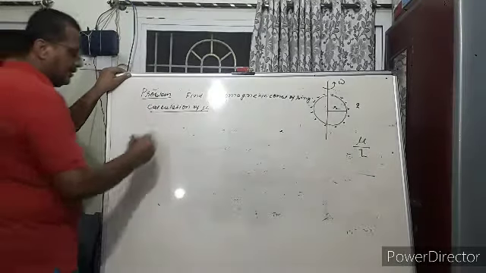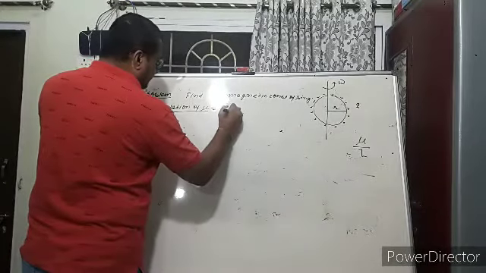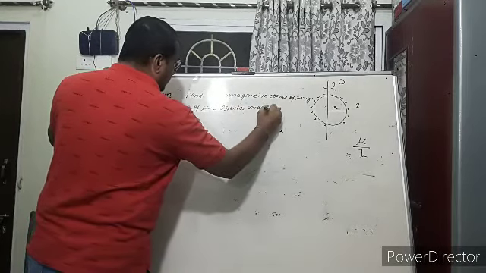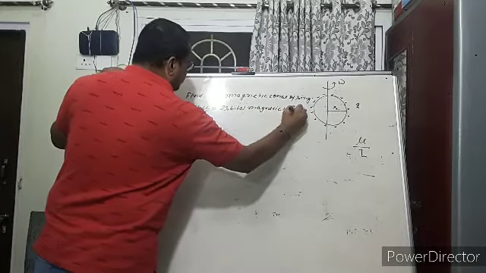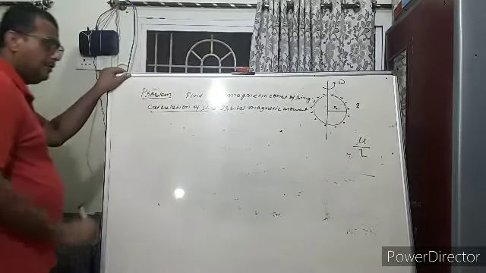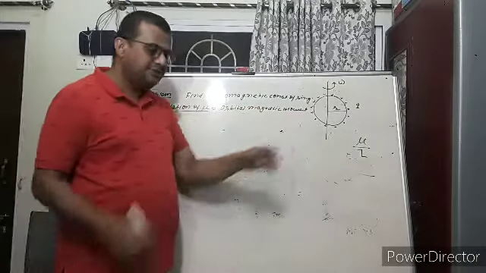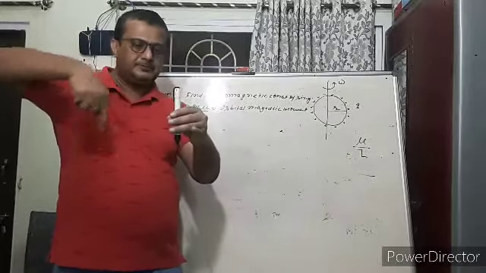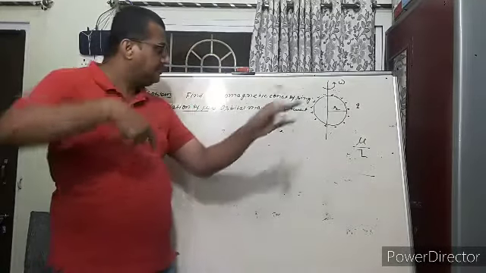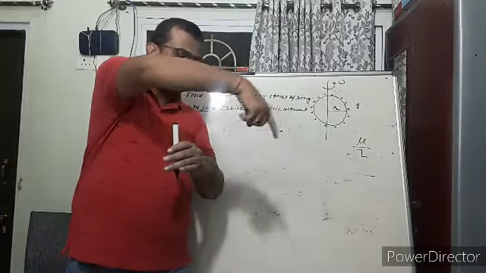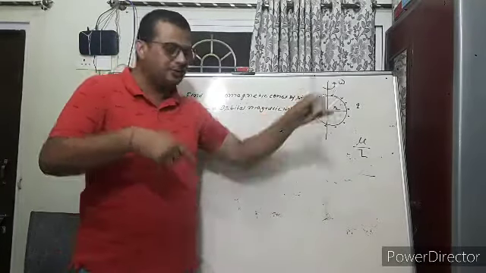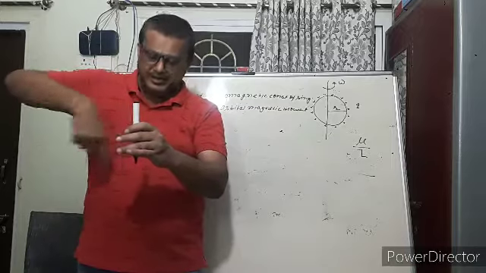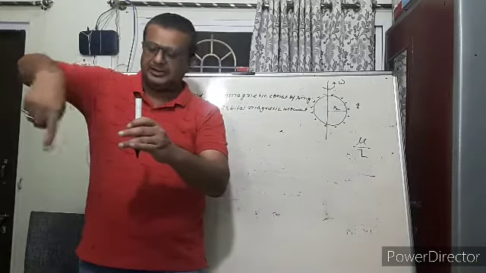Mu means orbital magnetic moment. This ring is rotating anti-clockwise, which means positive charge is rotating anti-clockwise.